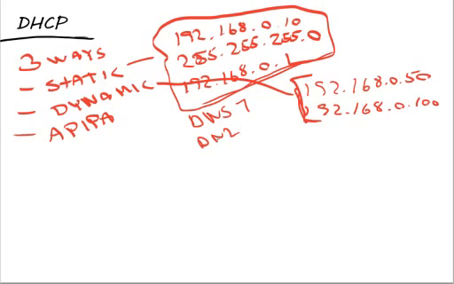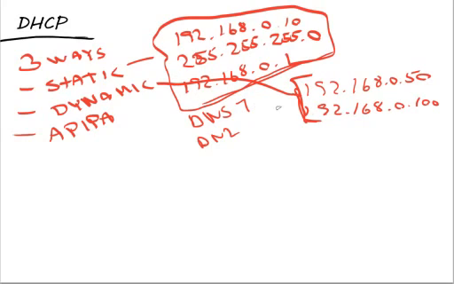Whenever a new computer comes onto your network, it just yells out to the network in a broadcast, "Hello! Are there any DHCP servers out there? I need an IP address." And if there is a DHCP server, it will reply and say, "Oh, I'm a DHCP server, and I have an address. You can take a look at this offer."